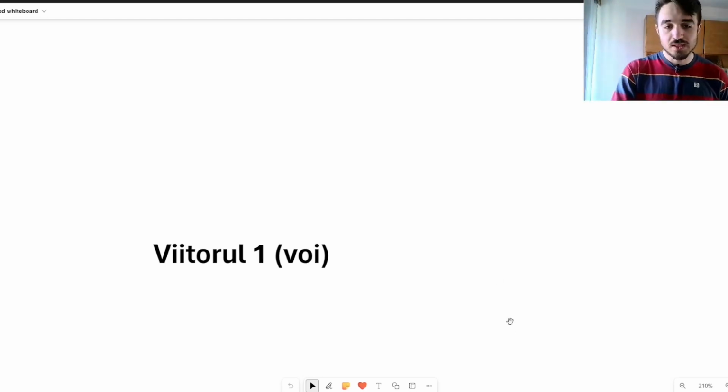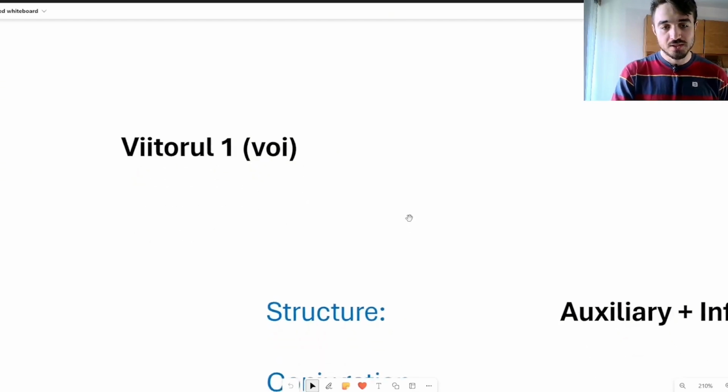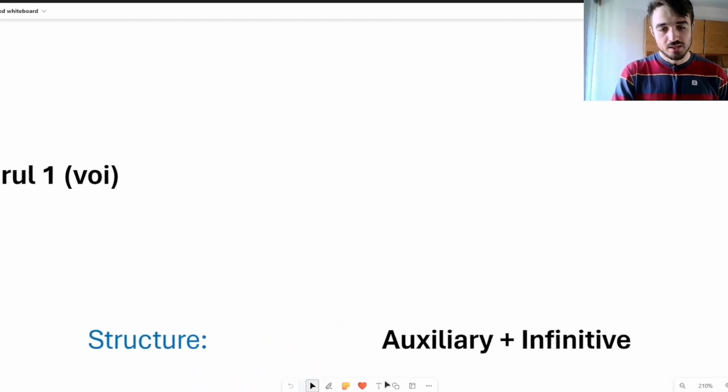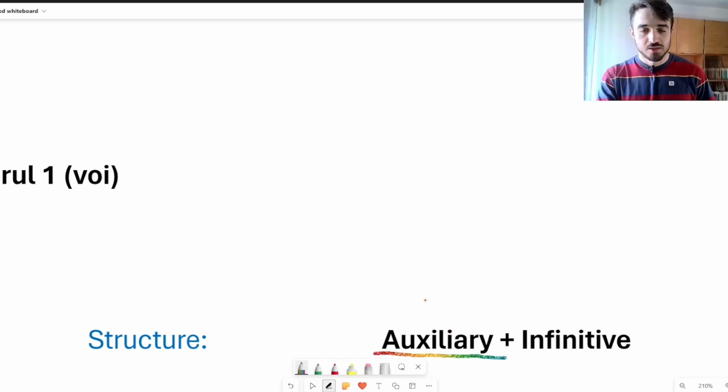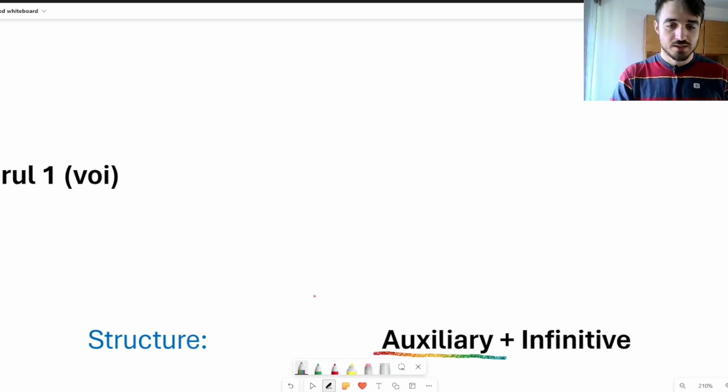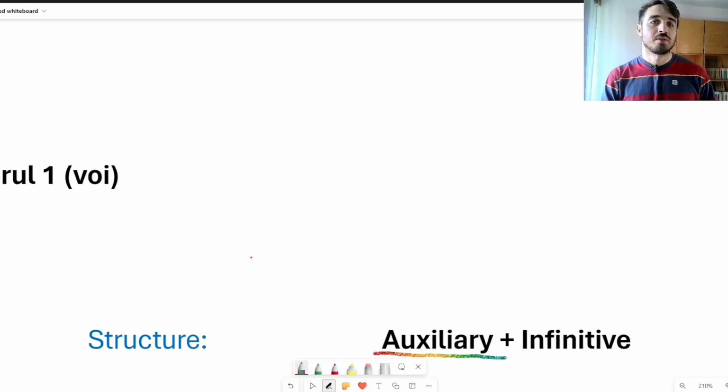So a few things about this future, the structure, right? It's made out of an auxiliary and an infinitive. So this auxiliary is a type of a vrea. If you remember, or if you know already, the perfect compus uses a variation of a avea instead.